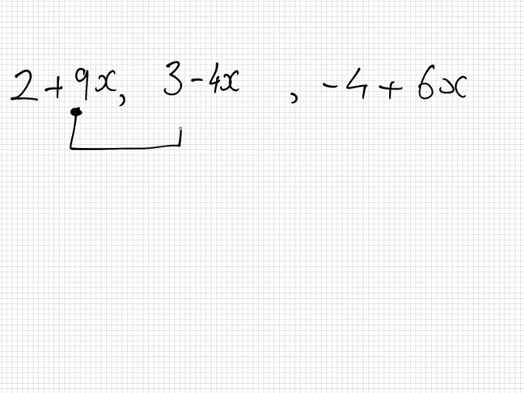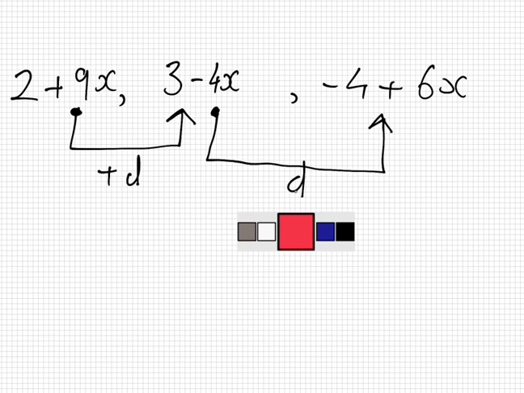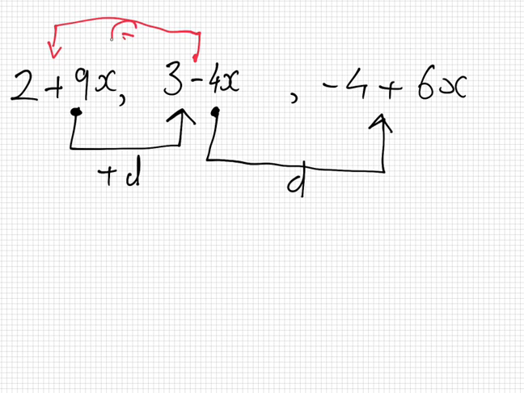So what we do know about arithmetic progression is that if I add d to this number, it will make this number. True? And if I add d to this number, it will make that number. Therefore, if I take this number and minus this number, what should I get?